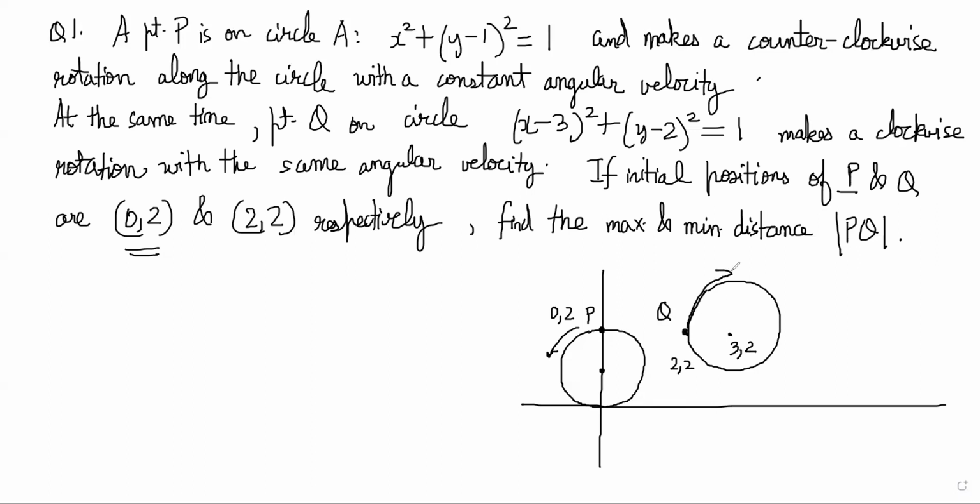And Q is going clockwise. Both have the same angular velocity, so the angle that they rotate will be same. In equal time, this angle theta will be equal to this angle theta. Q will move like this, P will move like this, and both will describe equal angles theta in the same time t, right? Okay, so let's say P moves from here and goes to a point M, and angle PAM is theta.